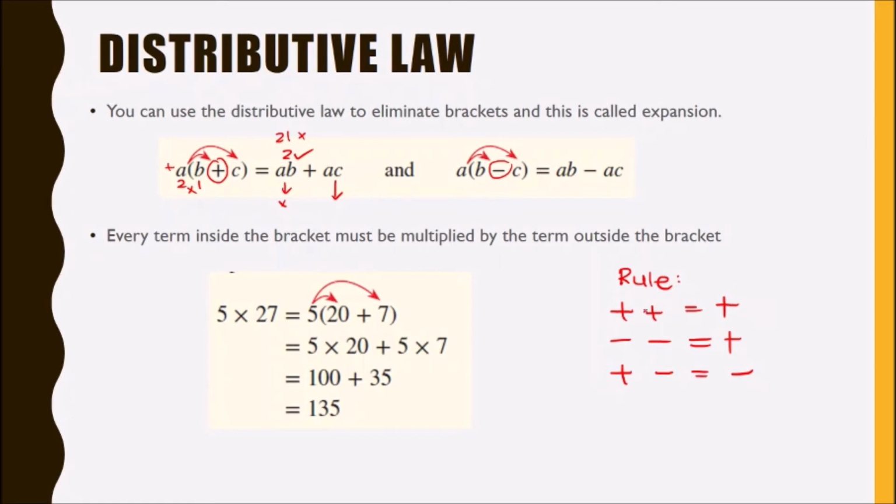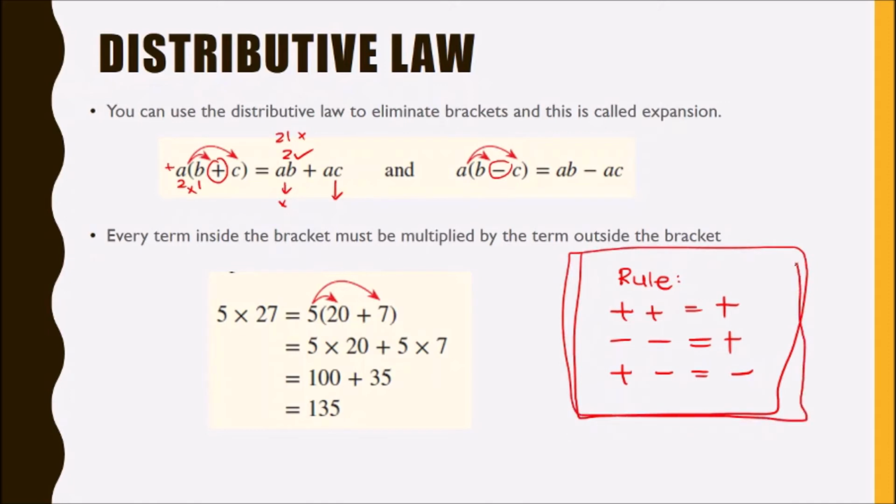Sometimes you might hear me say plus and minus because I'm in a rush and I just say that, but it's positive and negative. All right, so we just need to remind ourselves of this rule, which you'll need for a long time in high school.